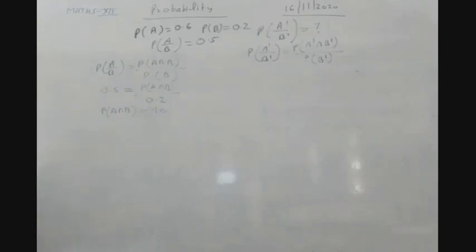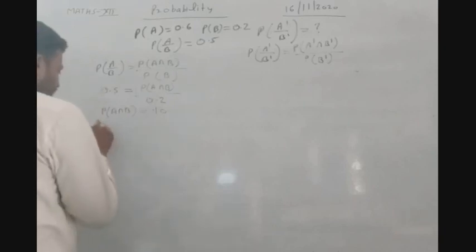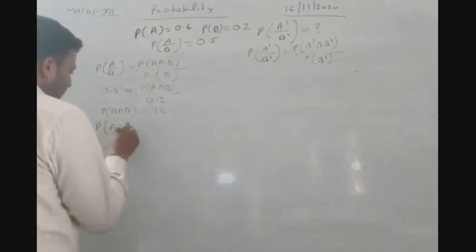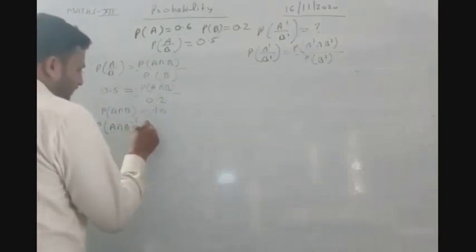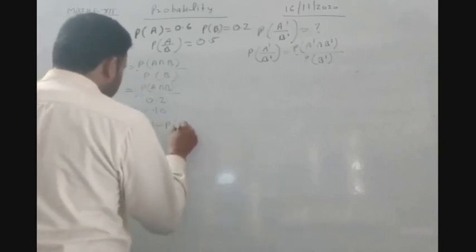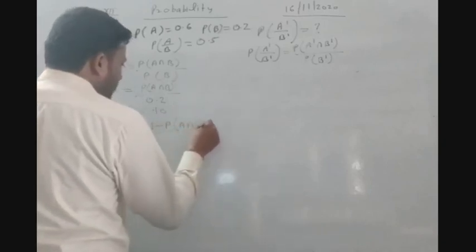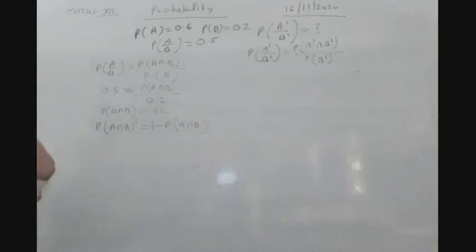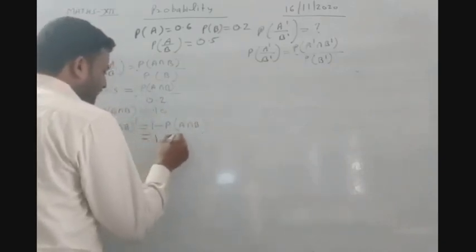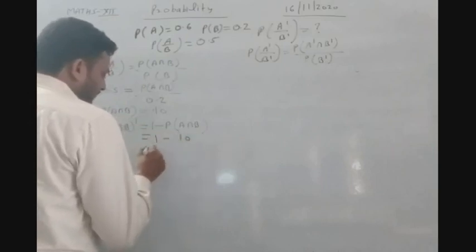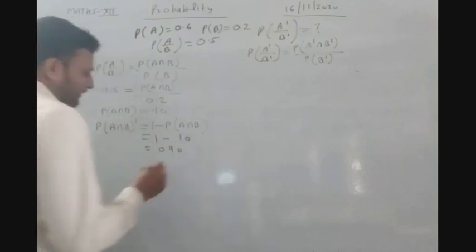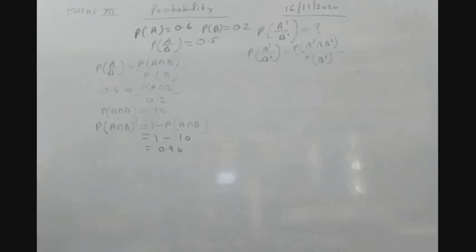Okay. Now we will find the complement of this. Probability of A intersection B dash is equal to what? 1 minus probability of A intersection B, so this will be 1 minus 0.10, which is 0.90.